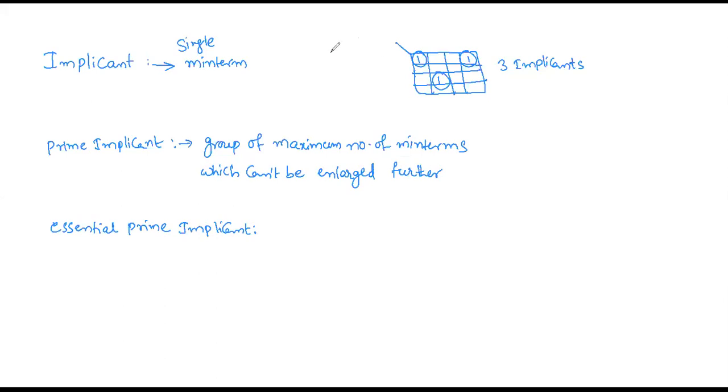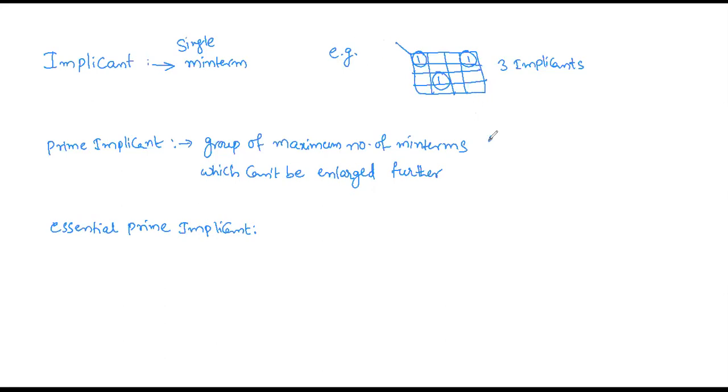We will see one example for this prime implicant. Implicant means a single minterm. Prime implicant means a group of minterms, but the maximum number of minterms. Implicant means single, prime means group of minterms.